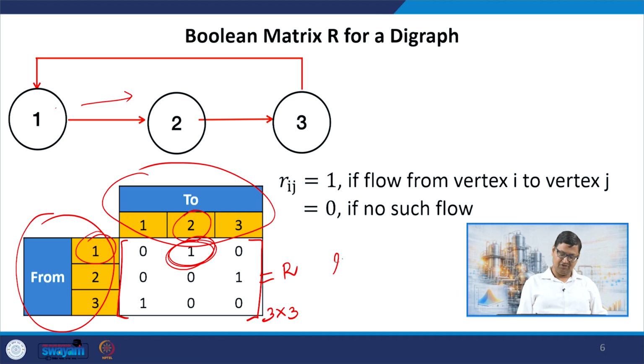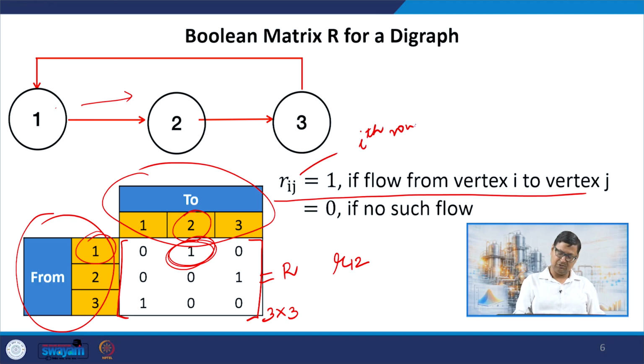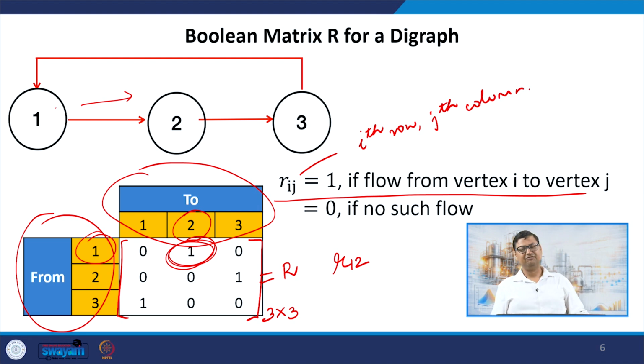This is the first row, second element of the matrix. In general, I can say that my Rij, that is ith row, jth column, element is going to be 1 if there is a flow from vertex i to vertex j, and when there is no such flow, I will put a 0.